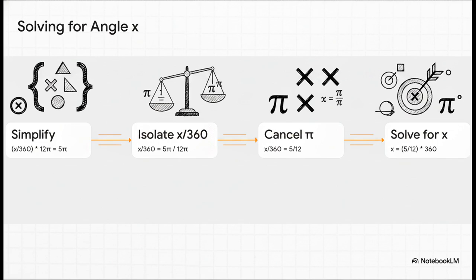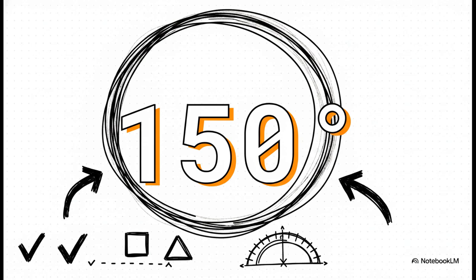See how the pi's on the right just cancel out? That leaves us with 5 over 12, and the last step is to multiply by 360. And that calculation gives us our angle, 150 degrees. This is the key piece of information we needed to unlock the rest of the problem. At this point, we've already secured our first process marks.